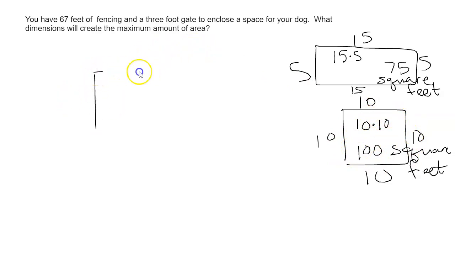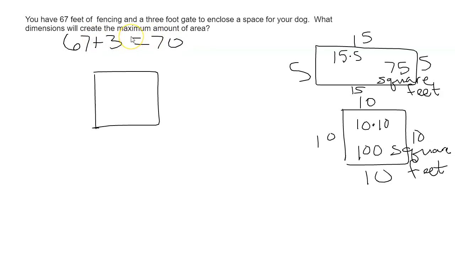So our square has 4 sides. We have 67 feet of fencing plus the 3-foot gate. So adding that together gives us a total amount of 70 feet all around the outside. That's the perimeter of the square. So to calculate the exact amount of the sides, we would just divide by 4.